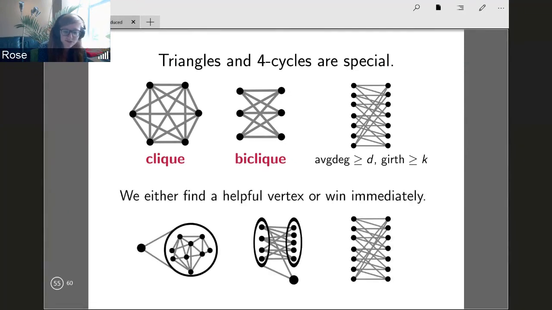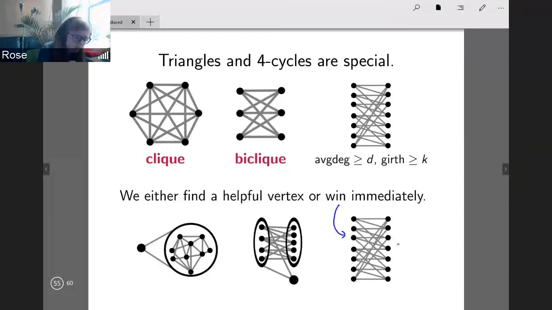The idea is that either you find a helpful vertex or you win immediately. And by win, I mean you find an induced subgraph of high girth and high average degree.